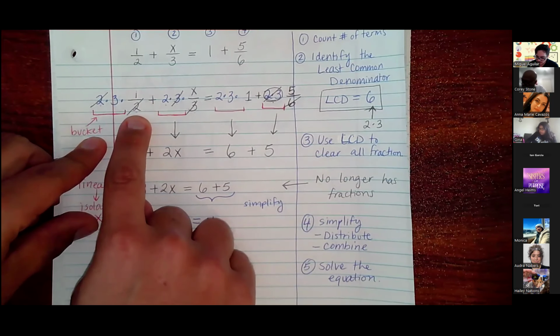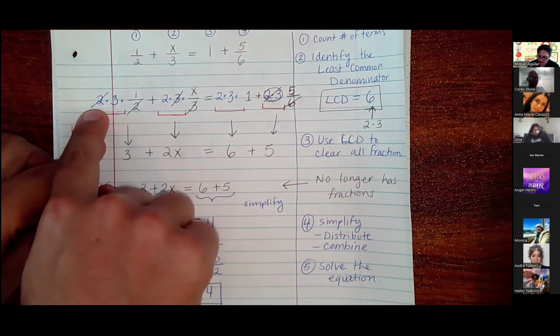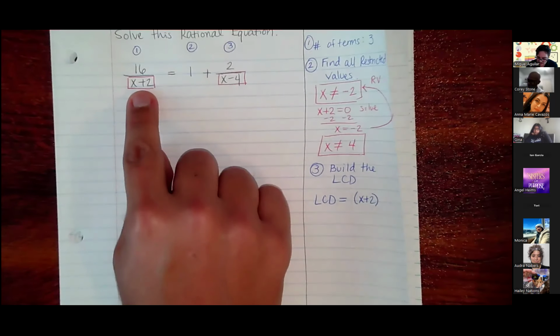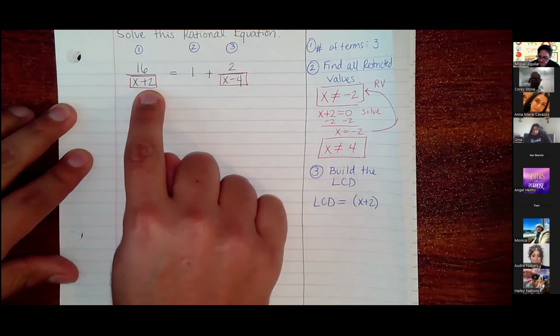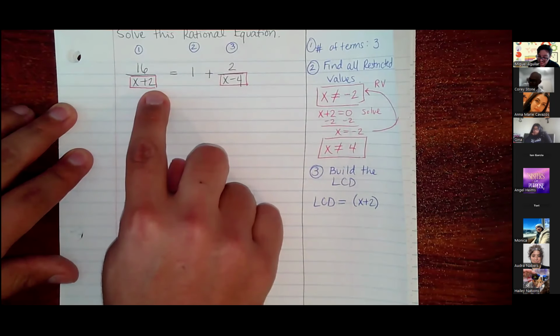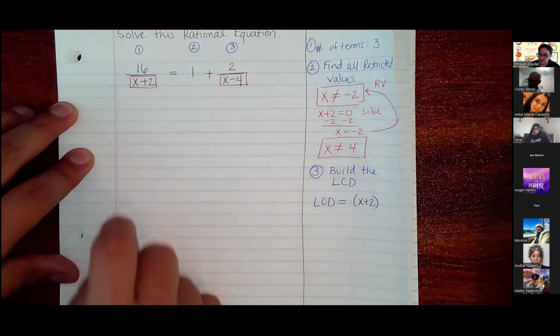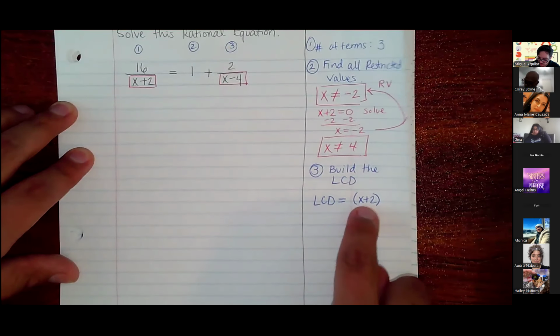How do I cancel out the denominator? Well, if this is 1 divided by 2, then I just need to multiply by 2 to do the opposite, right? So even though this is a complicated thing, 16 divided by x plus 2, that divided by x plus 2 is the key because I need to multiply an x plus 2 to cancel out that division. So that's why I'm going to put x plus 2 as part of my LCD.